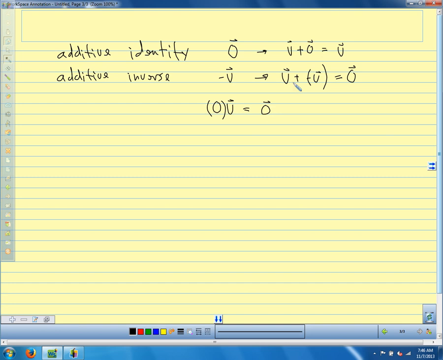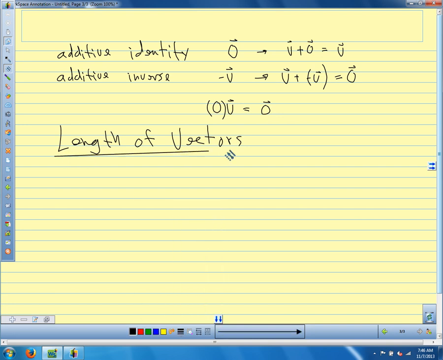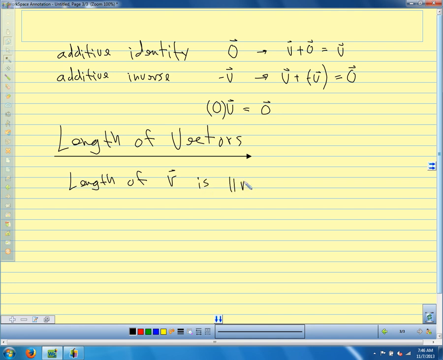All right, the length of a vector. So we write the length of a vector. We use 2 bars, like so.